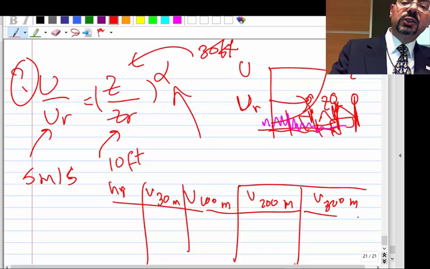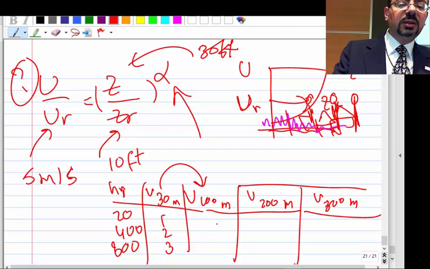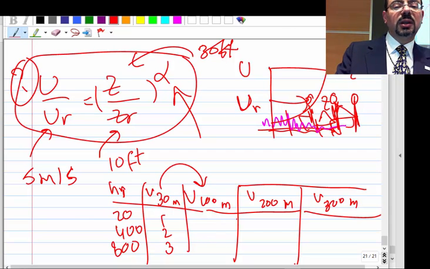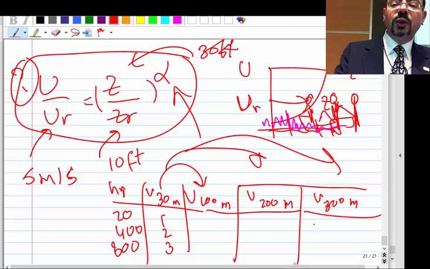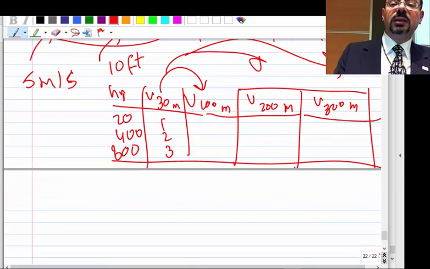I mean, you don't really know how high you should go. You just have this table that has the hours and the velocity. So to go to the velocity at 100 meter, you do this, and to go to the velocity at 200 meter, you do the same thing, and 300 meter, and for every one of them, you calculate the average velocity until you find the right height.